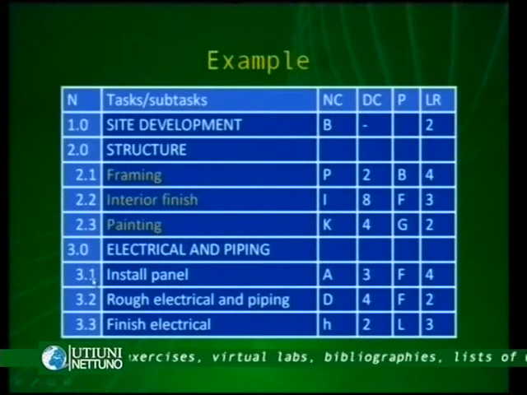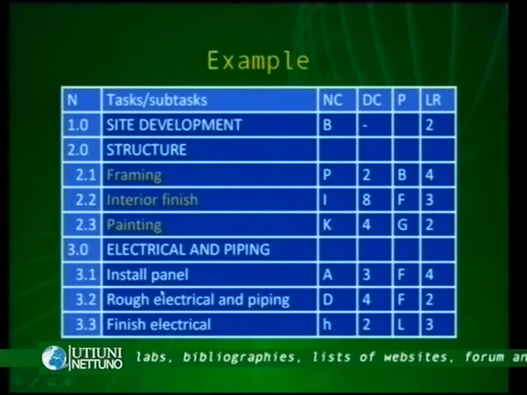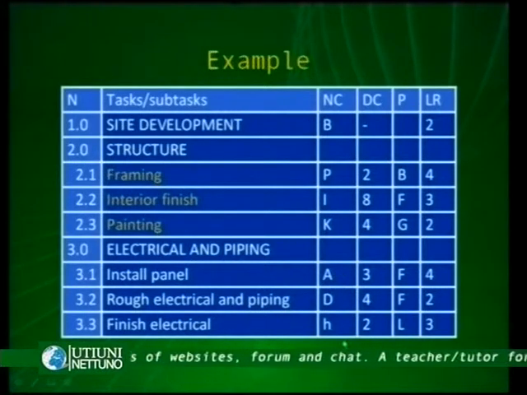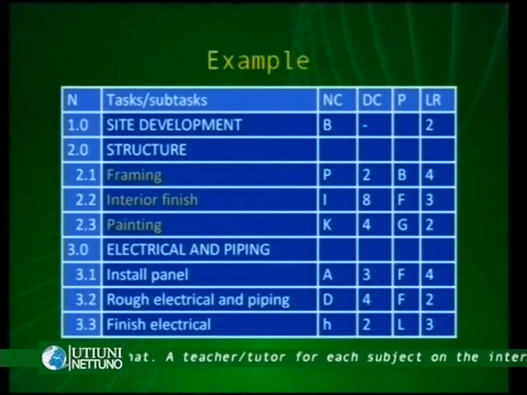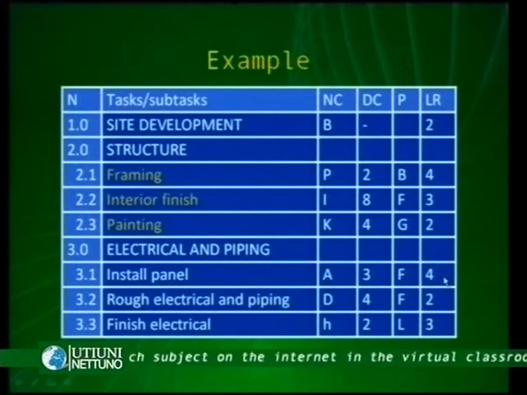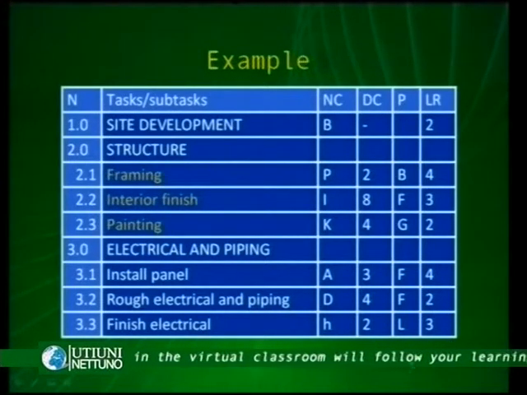So 3 specific subtasks of the same main task. And again, we could have a different coding for the network structure. We could have different indications about the days to complete such a subtask, different precedents, and at the end, different requirements in terms of labor units or labor equivalent units.